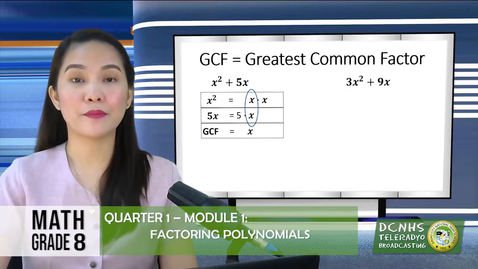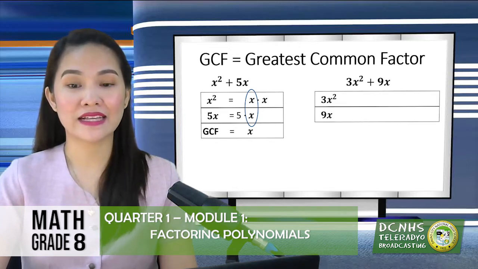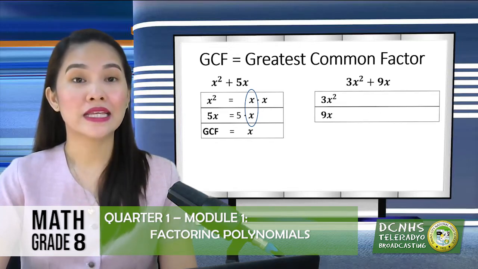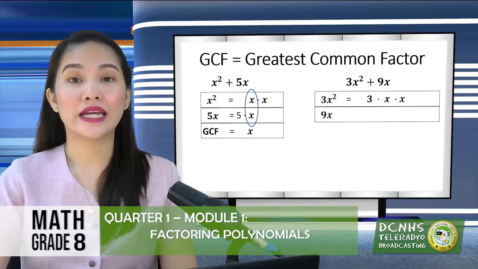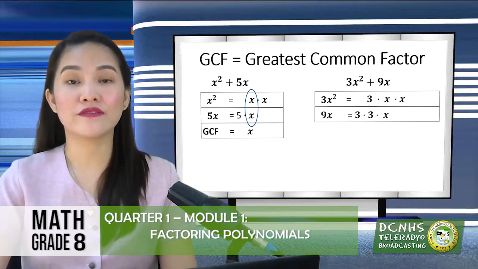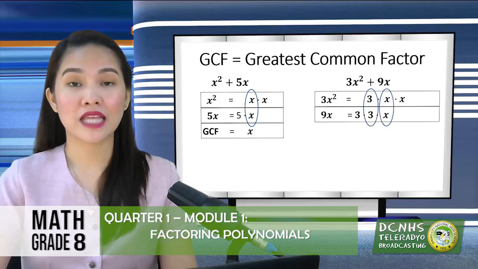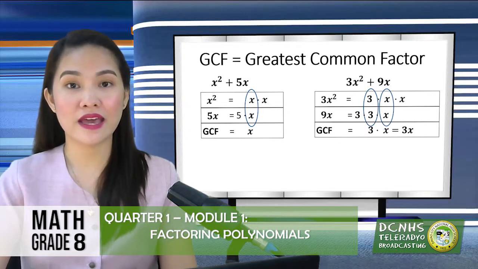Take another example. 3x squared plus 9x. Factor 3x squared and 9x. The prime factors of 3x squared are 3 times x times x, and the prime factors of 9x are 3 times 3 times x. Align the common factors. The GCF is 3x.